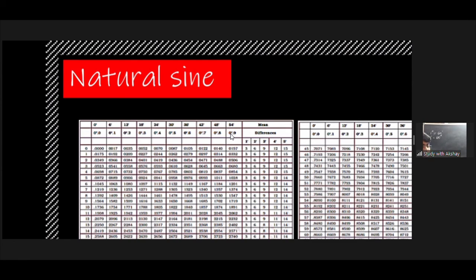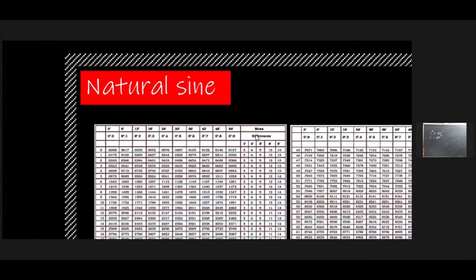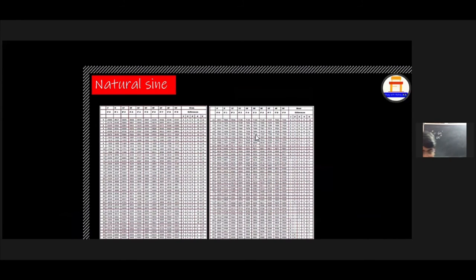In between them, from 0 to 6 minutes, there are 5 gaps. Those 5 gaps are filled with these mean differences given here. We will solve a few questions based on this, and that is fine for using the trigonometric table.